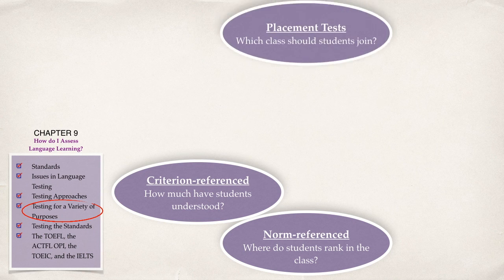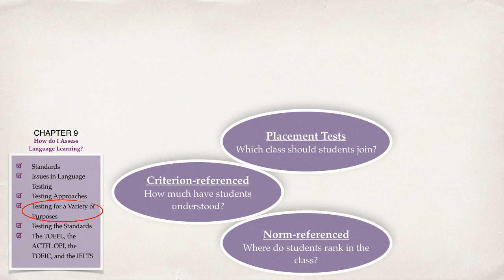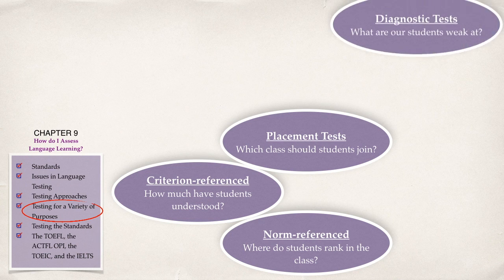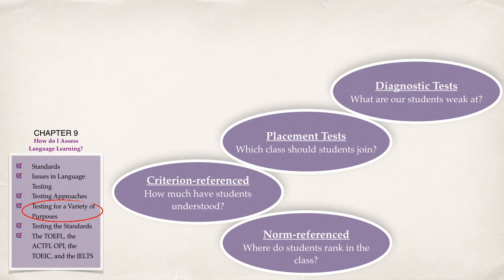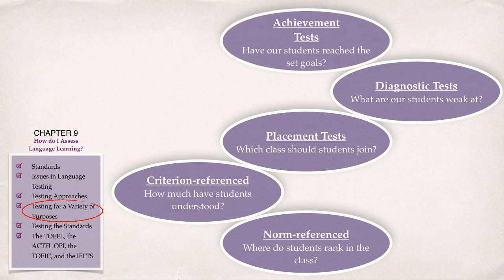We can also use placement tests to determine which class level a student should join, diagnostic tests to concentrate on finding our students' weaknesses, or achievement tests to see whether our students have been able to reach the objectives and goals given at the start of the course.